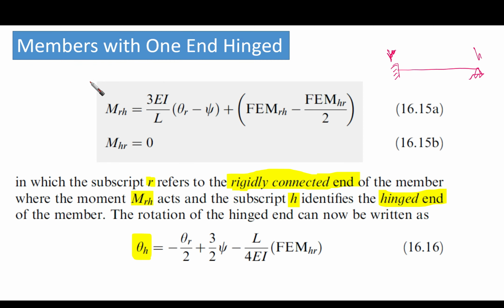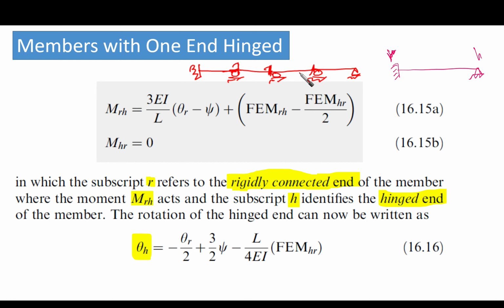Now let's go to the members with one end hinged. Sometimes we encounter a beam that has a hinge at the end. We have something like this, for example. They are like rollers, and even if this is roller or hinge, when we are studying this section, this length, this is fixed because there is continuity over the support.